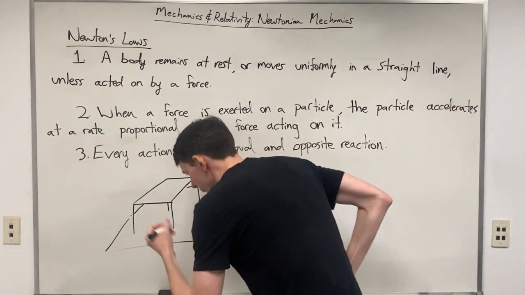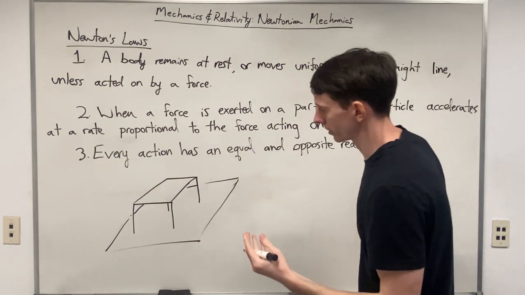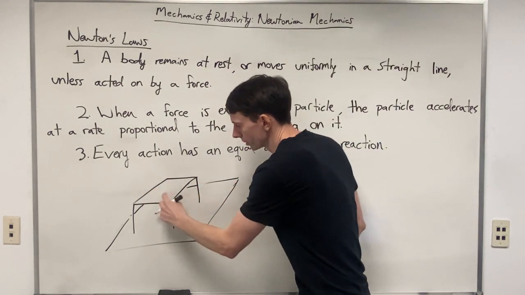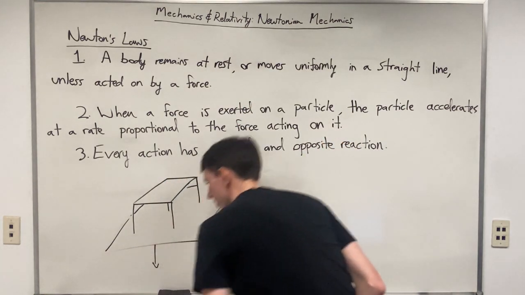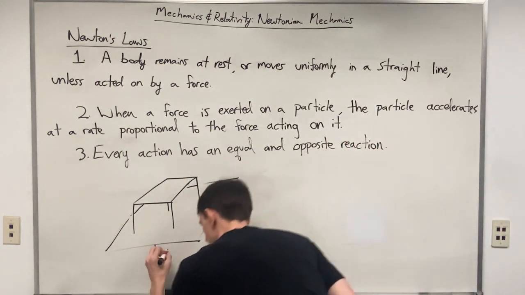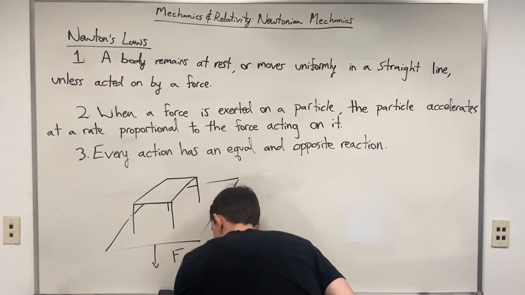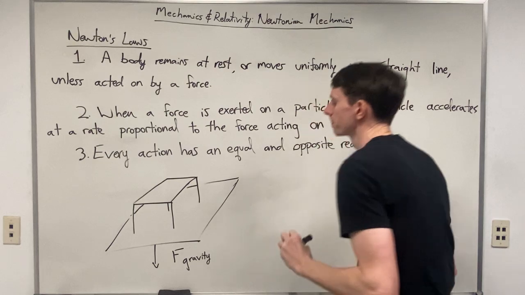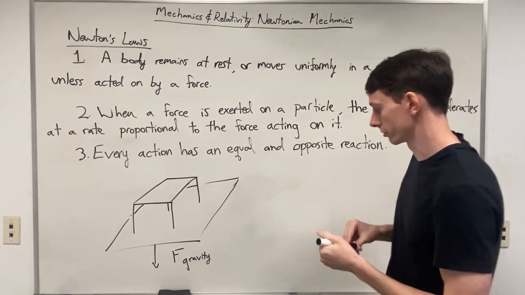So what I'm going to do is draw an arrow that is indicating that there is gravity acting on this table right here. So I can draw a downwards arrow like this and say that this downwards arrow represents the force due to gravity. Now I'm just writing F sub gravity for the force due to gravity.